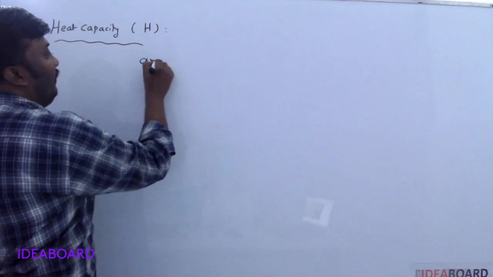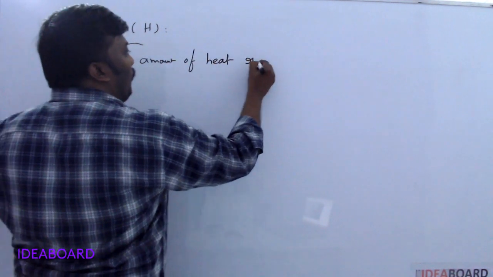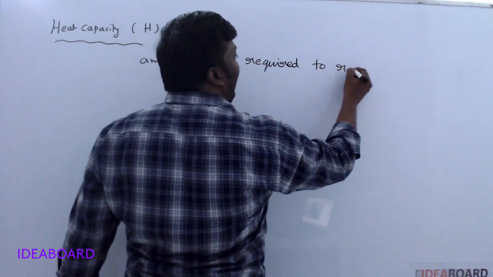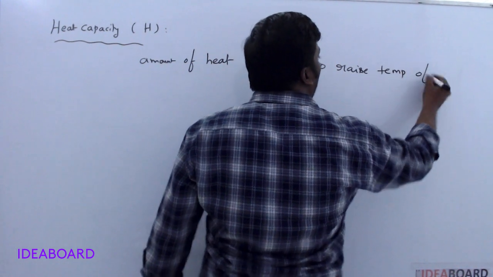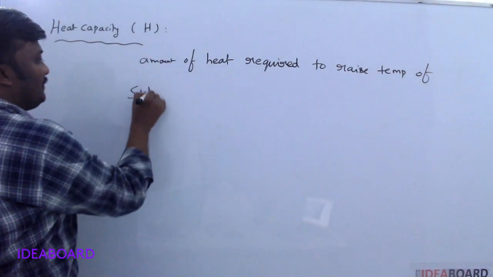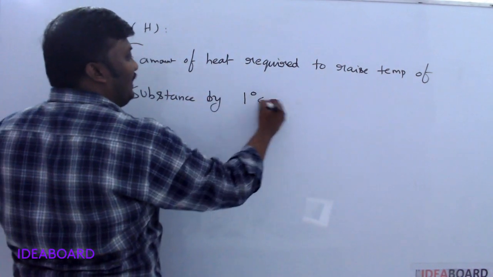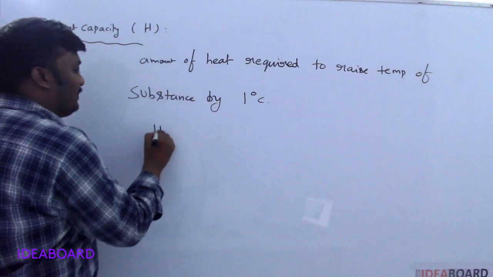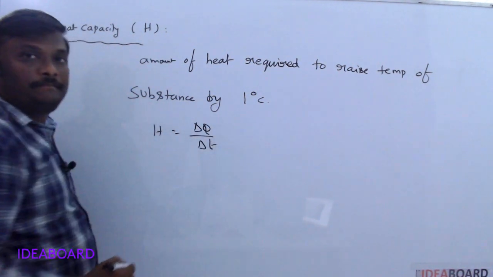The amount of heat required to raise the temperature of a substance by 1 degree Celsius. Clear now? The formula for H is delta Q by delta T.